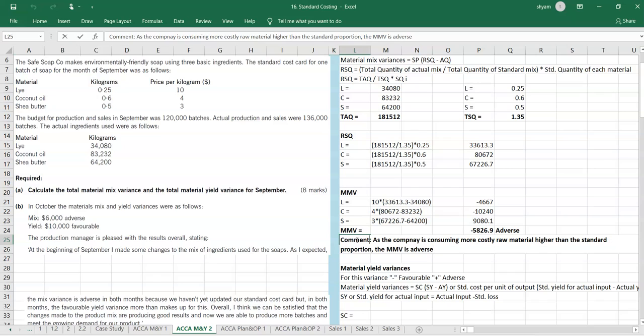So we can put a comment like this: as the company is consuming more costly materials higher than the standard proportion, the material mix variance is adverse.